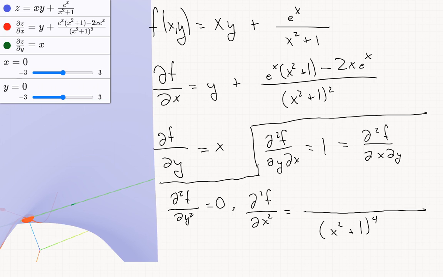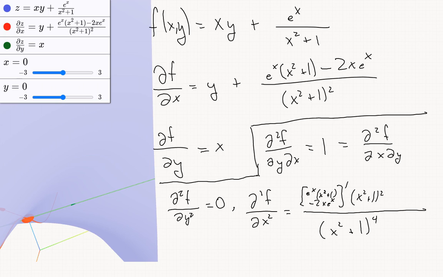And then, you know what, let's not even write this out. So it'll be whatever the derivative is of e to the x squared plus 1 minus 2x e to the x times x squared plus 1 squared.